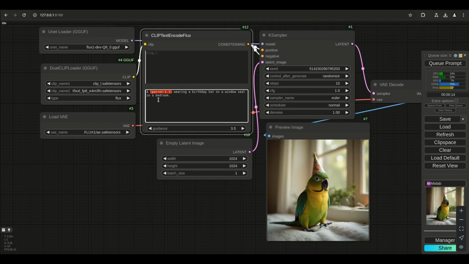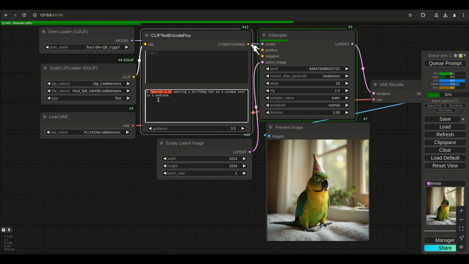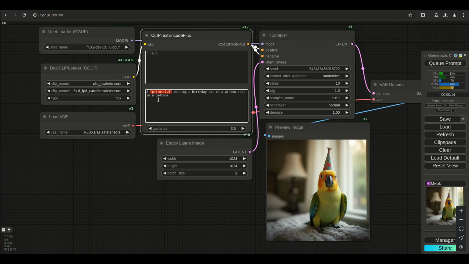So if we push up the weight of the bird to 1.5, which is pretty significant, what you're really going to find out is that it doesn't even know what that means. This kind of syntax doesn't really work for Flux. So trying to put more emphasis on one thing based upon that, you could just say, even maybe I wanted to talk more about the bedroom than the parrot, right?